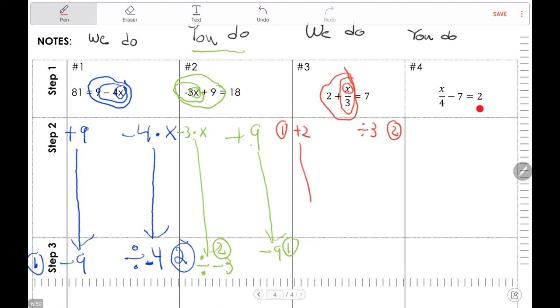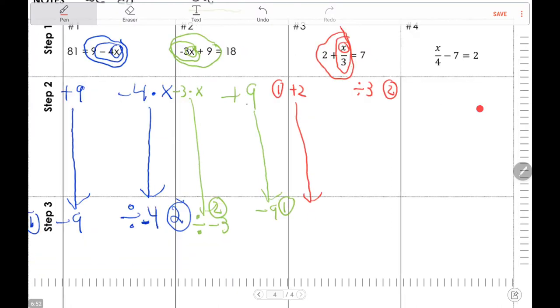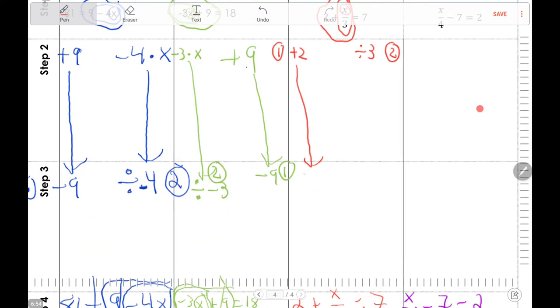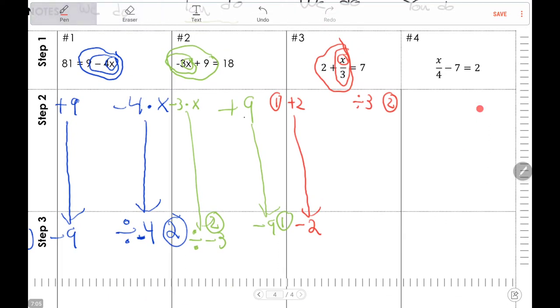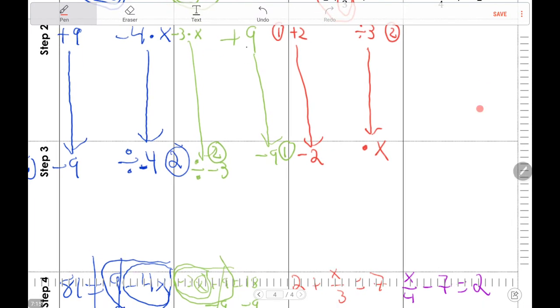Well, let's see how to get rid of these. So, adding 2, the opposite is subtracting 2. Dividing by 3, the opposite is multiplying by 3.